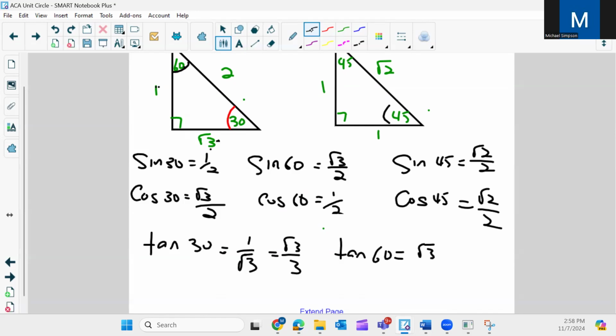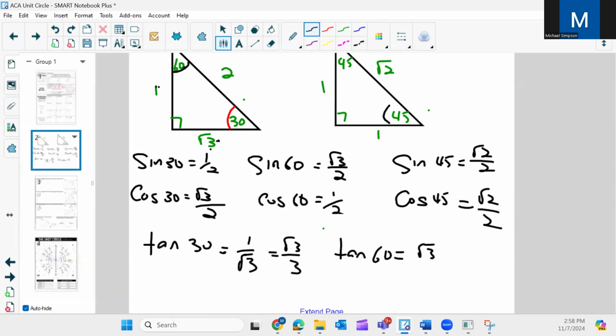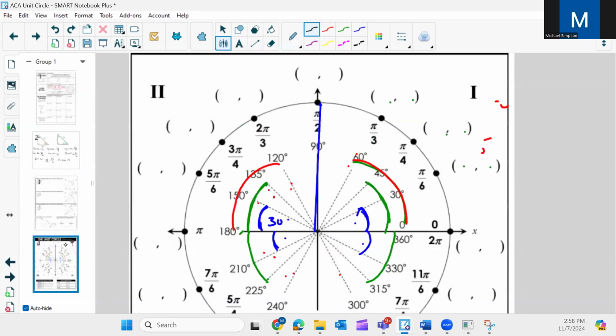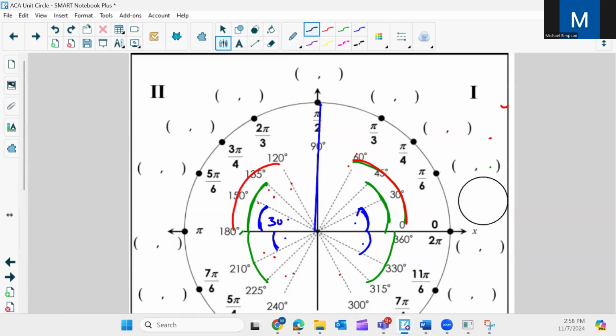All right, okay. Now, what I was trying to show you guys is how we get the x and y values. But I think I kind of lost you guys with that.